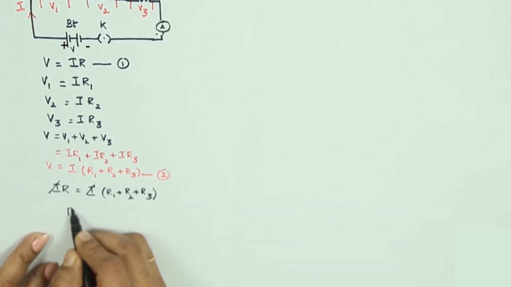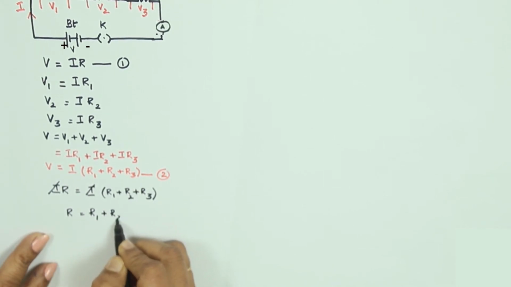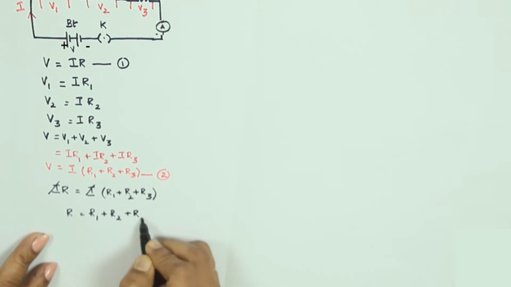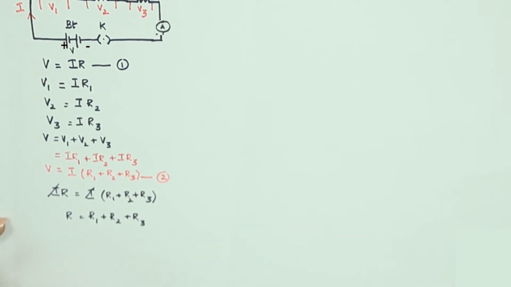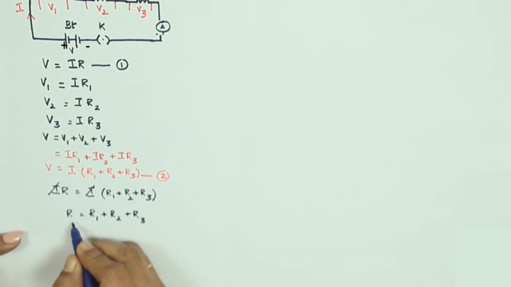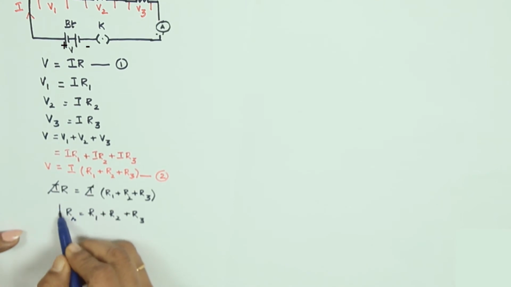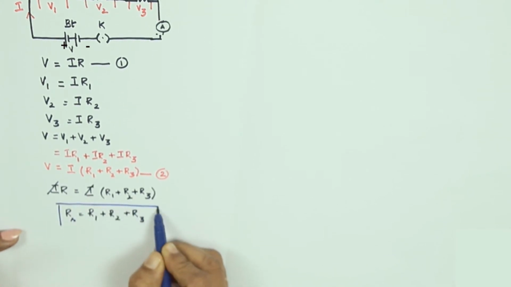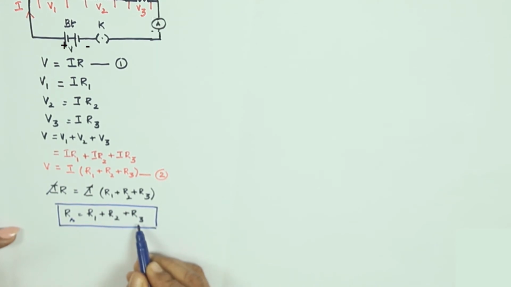So R is equal to R1 plus R2 plus R3. So the total resistance or the equivalent resistance in a series connection is given by the sum of the individual resistors. Rs is equal to R1 plus R2 plus R3.